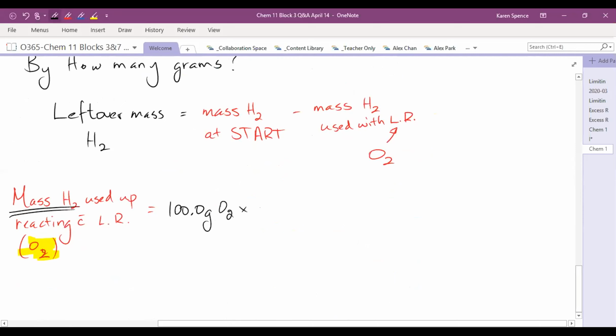So what do we have to convert grams of O2 into to finally get to mass of H2? Grams of O2 have to go to, first thing you always convert to, moles. Yeah. Okay, so we're going to convert to moles of O2. And that means we need to use 32 grams per mole.